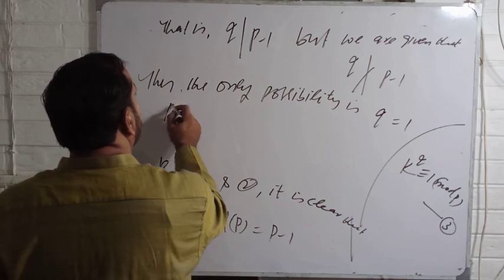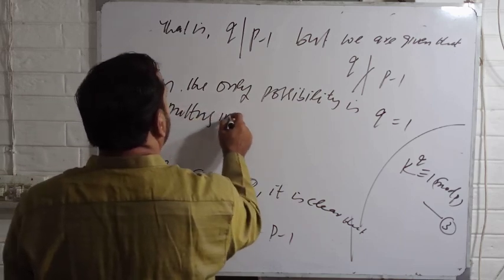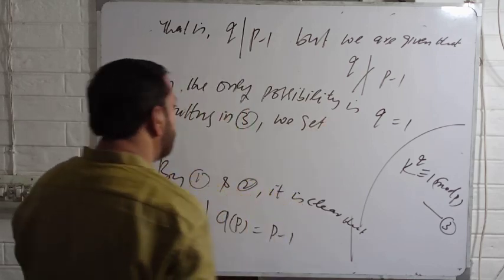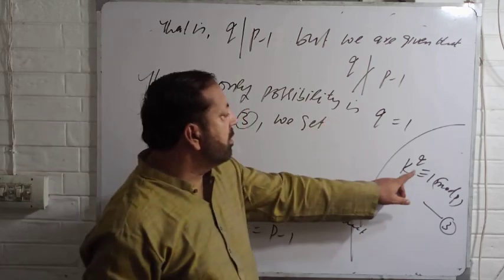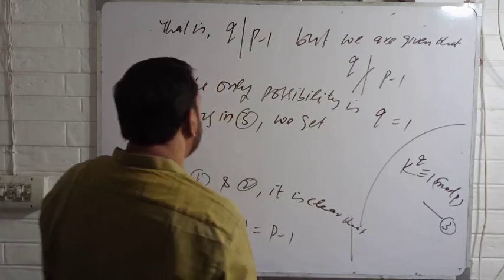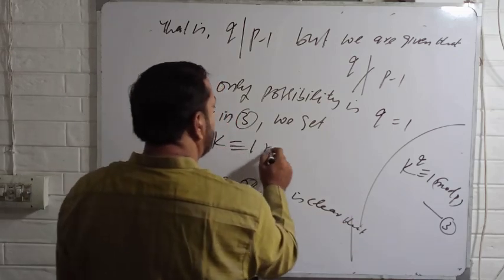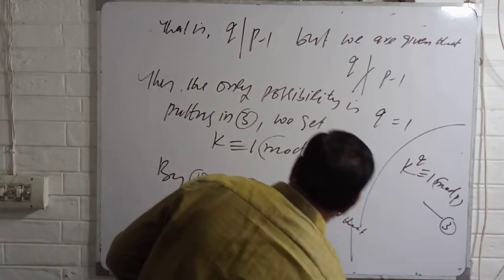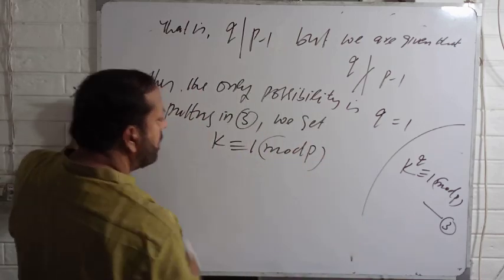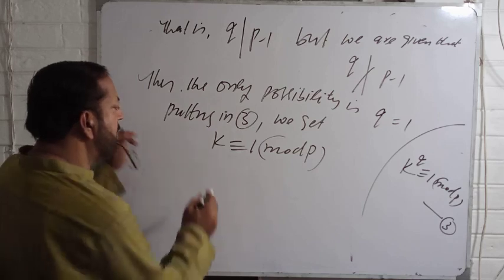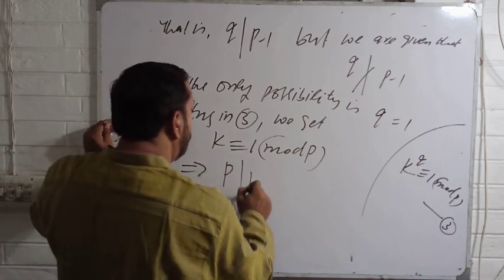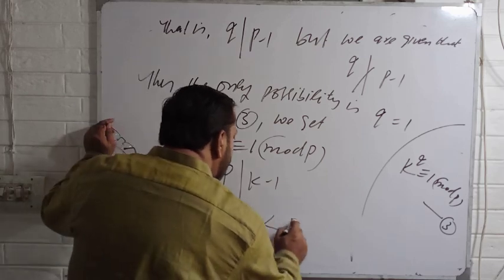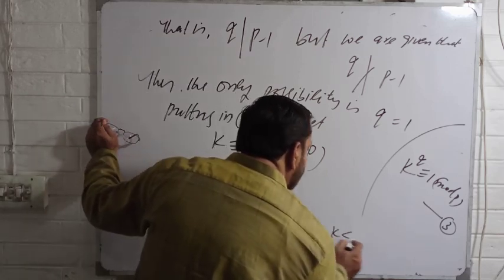Putting q equal to 1 in 3, we get k is congruent to 1 mod p. This means that, again by using the simple congruence, p will divide k minus 1, but k minus 1 is lesser than p, since k is lesser than p.